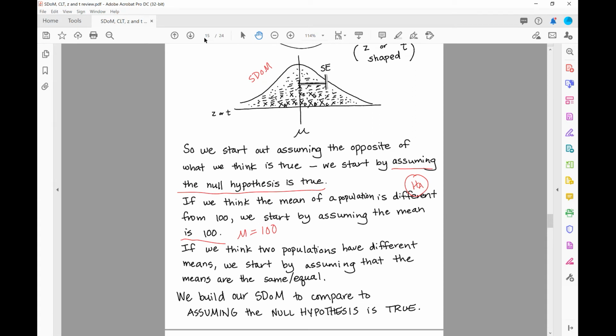If we think that two populations have different means, we start by assuming the opposite. We start by assuming that, no, those means are equal. They're not different. So we always start by assuming the opposite of what we think is true. We start by assuming that the null hypothesis is true.